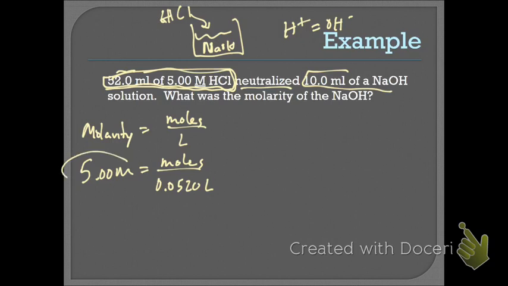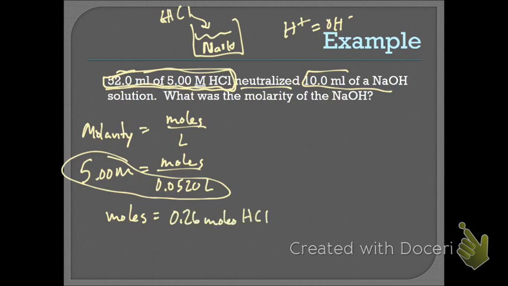So cross multiply, and I would get the moles equal 0.26 moles of HCl. So that's how much I added.